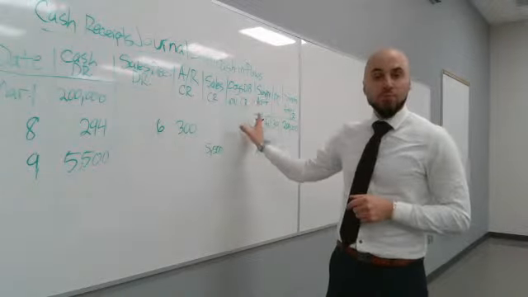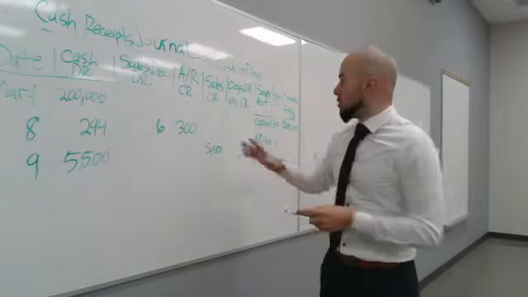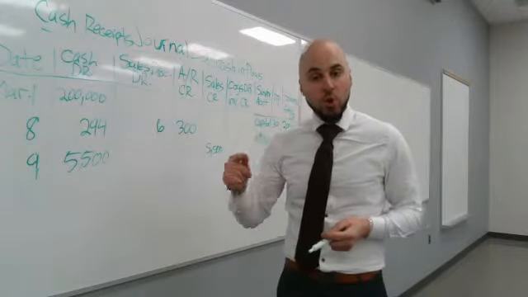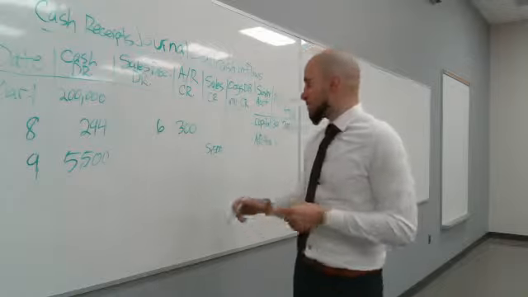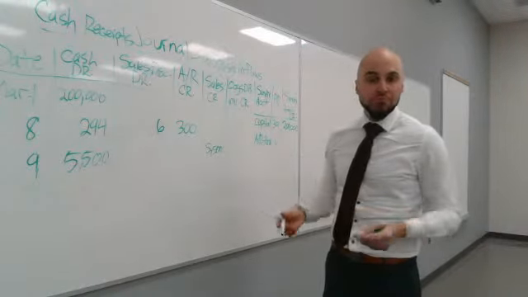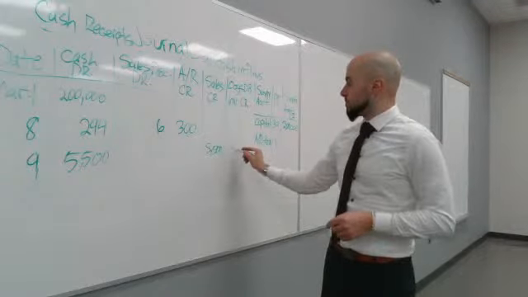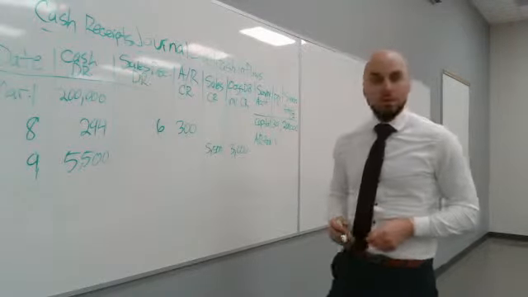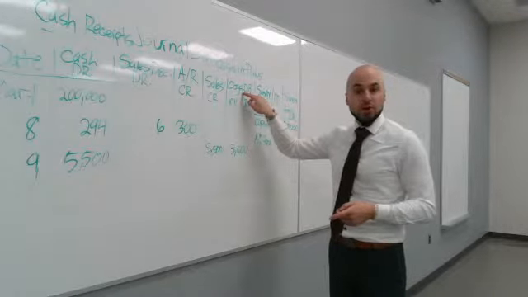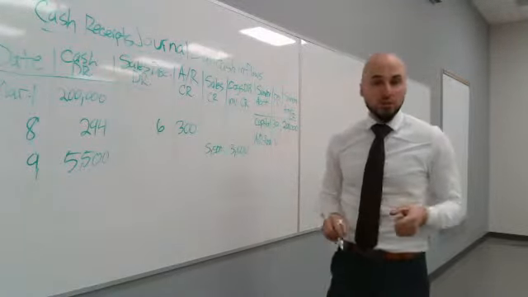This is particularly in a perpetual system. In the periodic, you don't even have this column. This is a perpetual system where we have to always update inventory. So what is our cost of this $5,500 sale? $3,000. Okay? $3,000 simultaneously debits cost of goods sold and credits inventory.